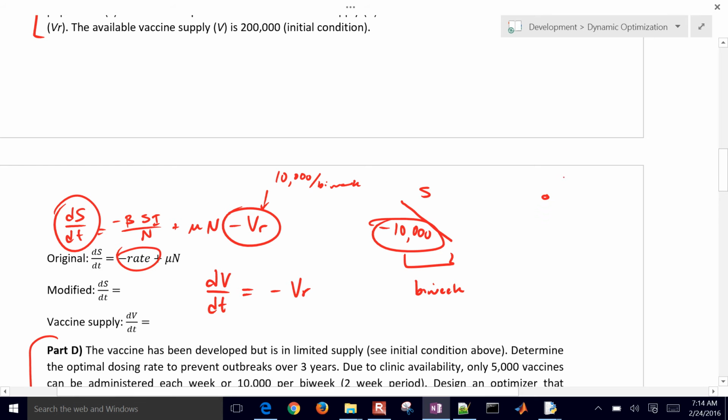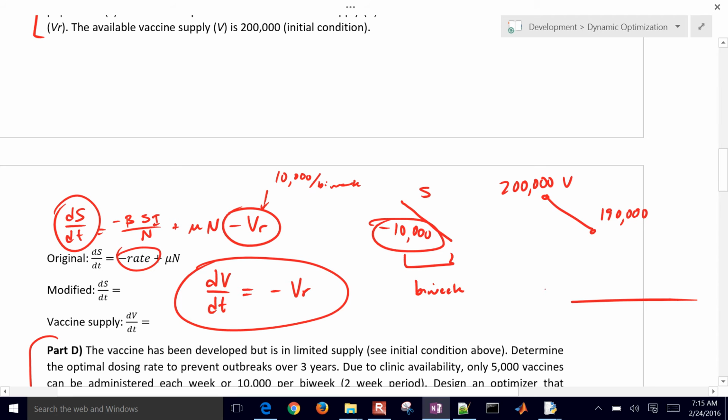We also have a vaccine supply, 200,000. And then the next bi-week period, we're only going to have 190,000. Okay, so the way we model that is just include this additional differential equation. And then don't forget to have a lower bound. So the vaccines have to be greater than 0.